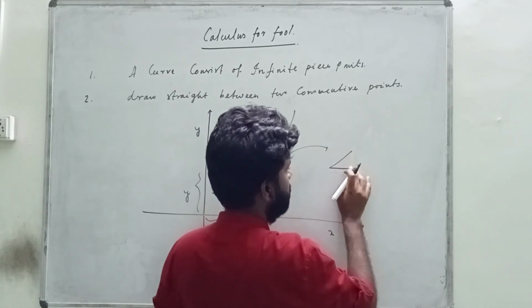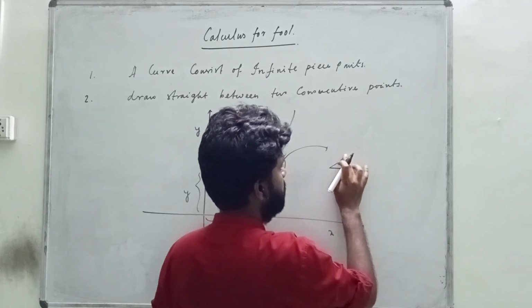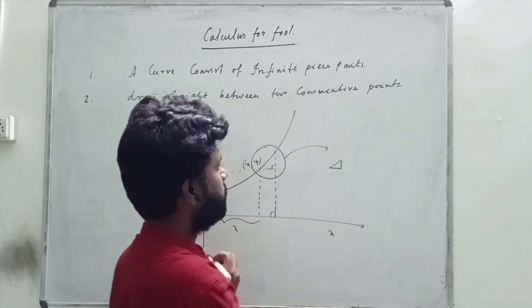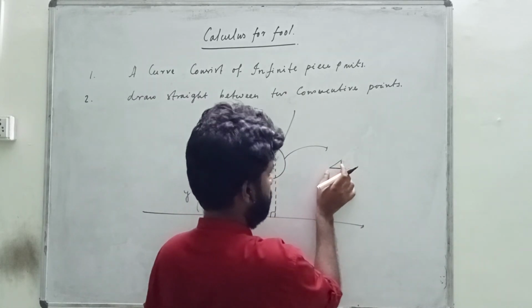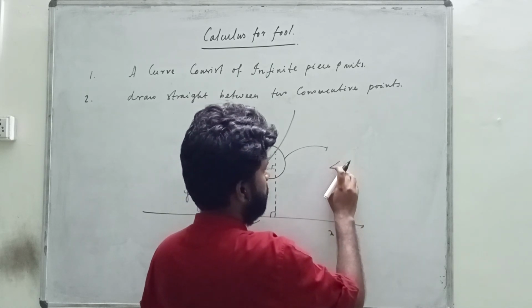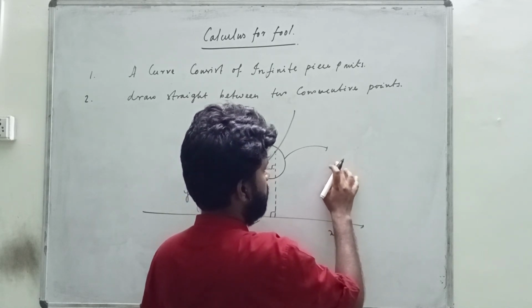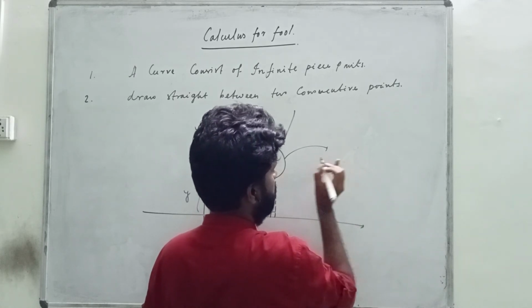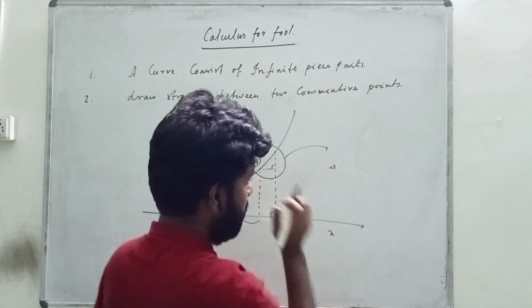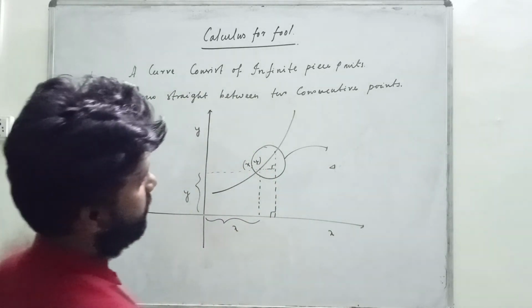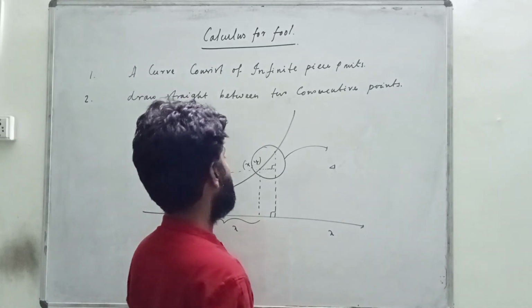The third case, if I continuously reduce it. Obviously it is not a triangle because it is a curve, but with another reduction here, one day you will find it is a straight line.